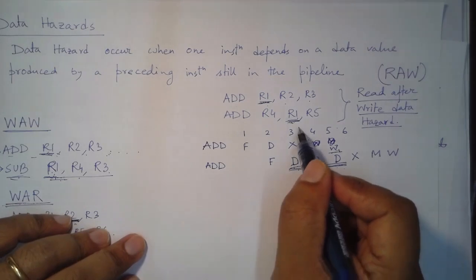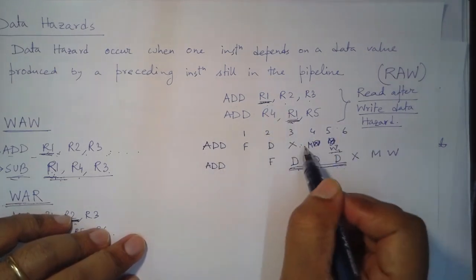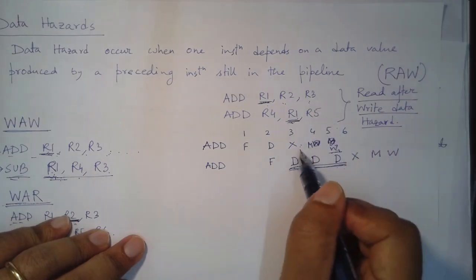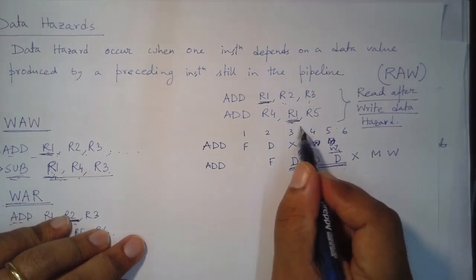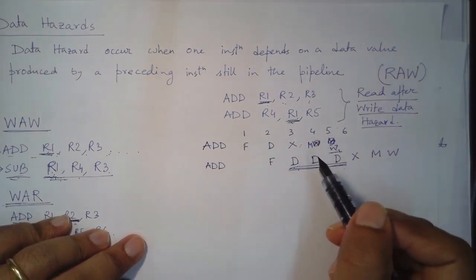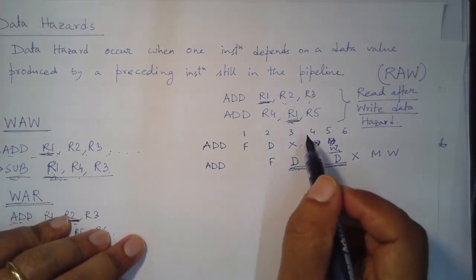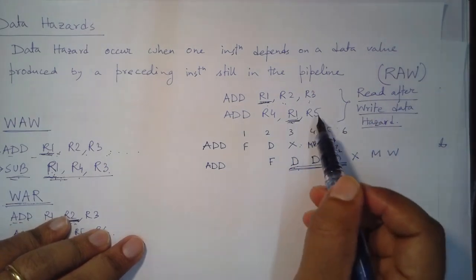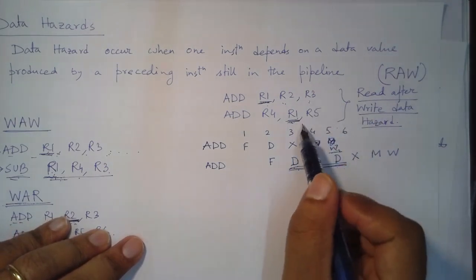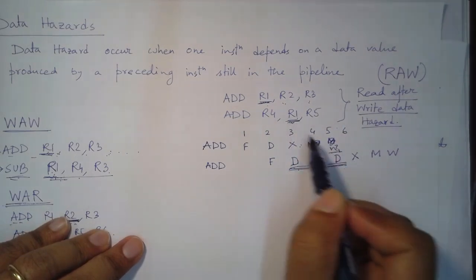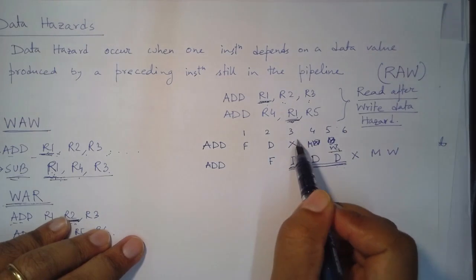So, it is not written in the register file, but the result of this arithmetic operation is available immediately after cycle number 3. In cycle number 4, I have the data which I need for R1. So, bypassing says that instead of waiting for this write back to happen, now I know that after cycle 3 the data is available.